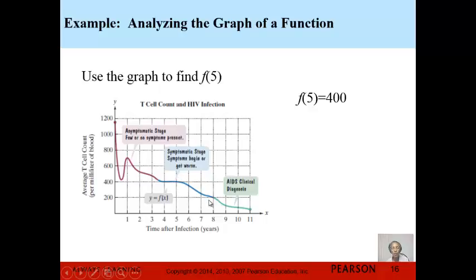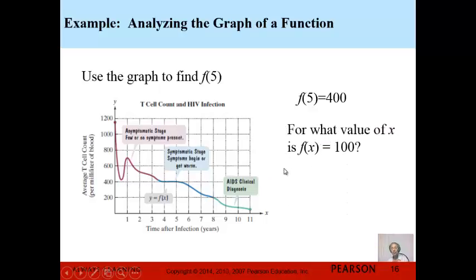And so that's the blue portion of the graph. Then the green portion of the graph, from 8 to 11 years, is where the person has a clinical diagnosis of AIDS. And notice what's happening to the T cell count, how it's going down as time progresses. So 5 years after infection, the person is in the symptomatic stage of the illness and has an average T cell count of about 400.